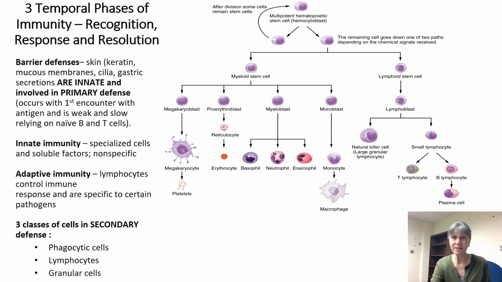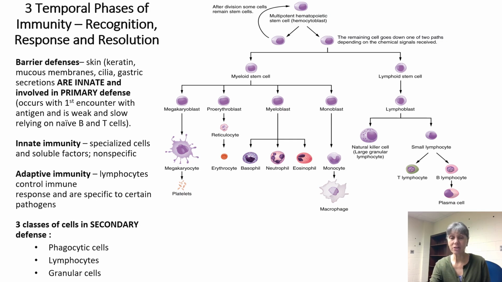So if we look at this picture, we can see that with hematopoiesis, which is the creation of blood cells, we have myeloid stem cells and lymphoid stem cells. Myeloid stem cells differentiate, and we've seen this with blood cells. Remember, we get megakaryocytes, which turn into platelets.